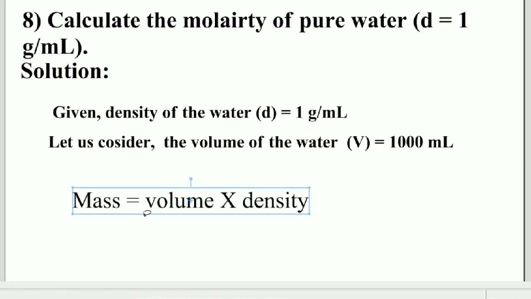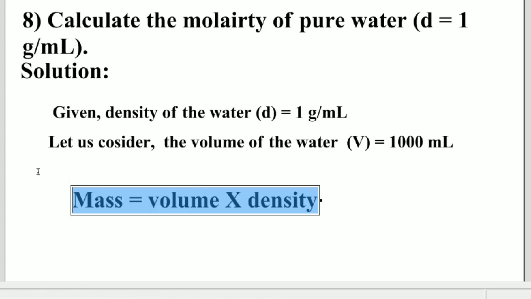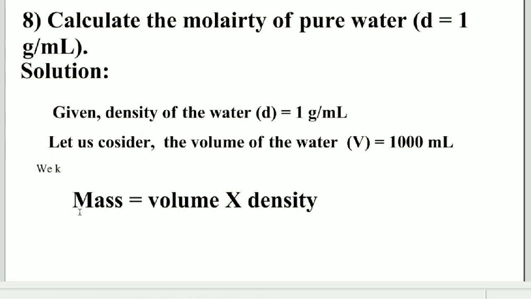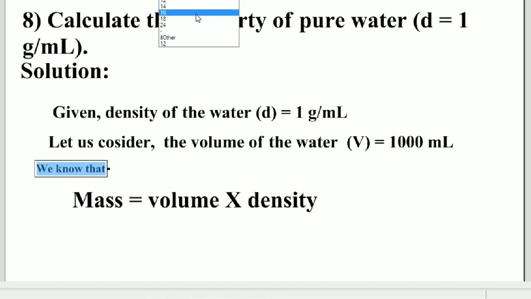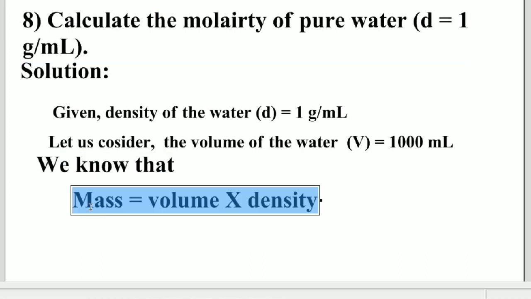This relation we know already. Therefore, from the above volume and density, we can find the mass of the solution.